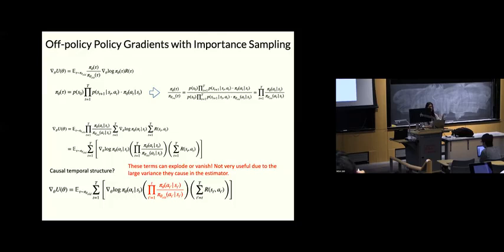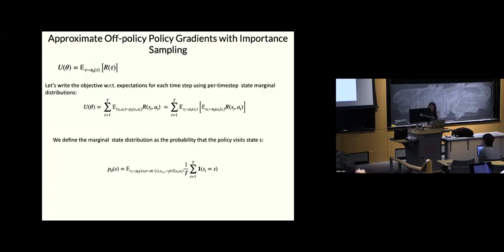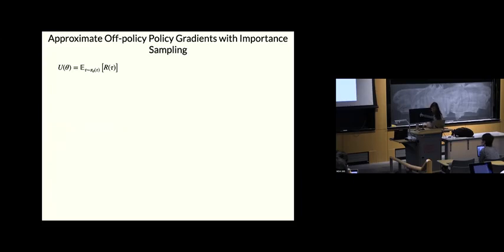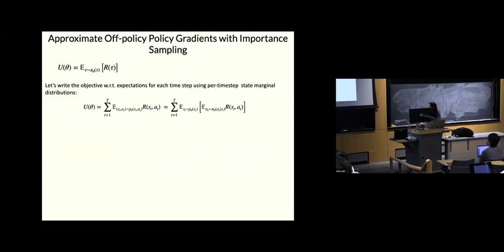You'll see now how simple the approximation is. To motivate it, we go back to our objective, U theta, which is the expectation of rewards of trajectories where the trajectories are sampled under our policy. We will expand it in the following way. This objective can be broken into different time steps.